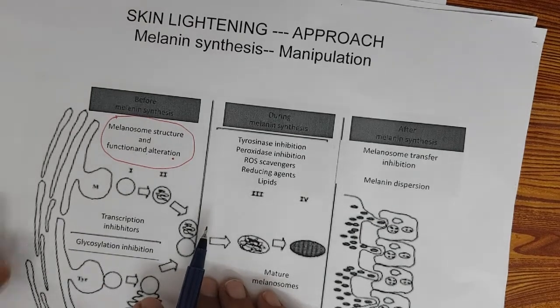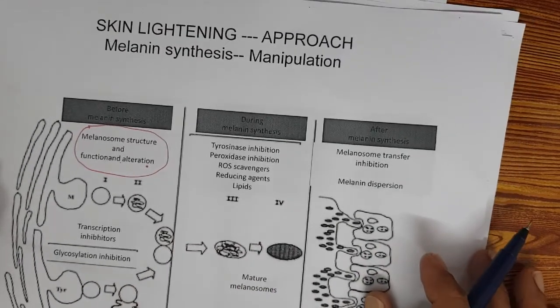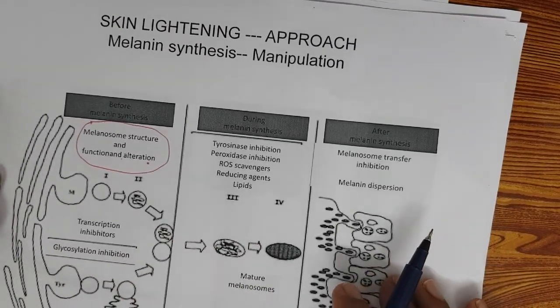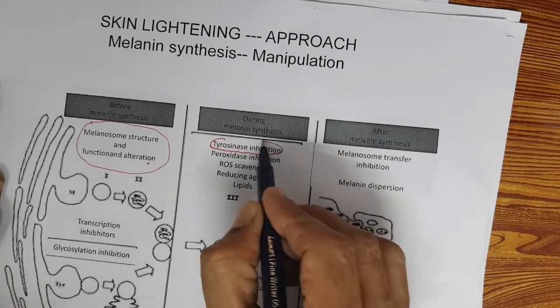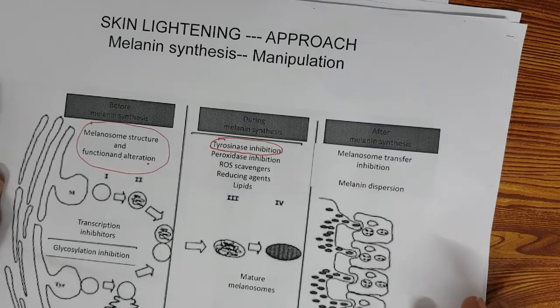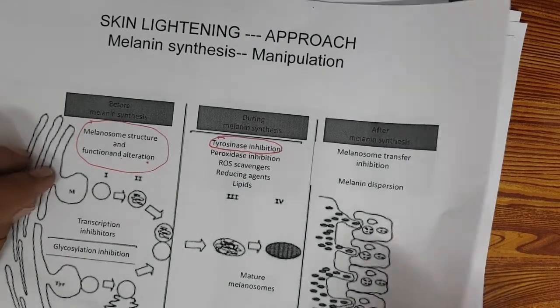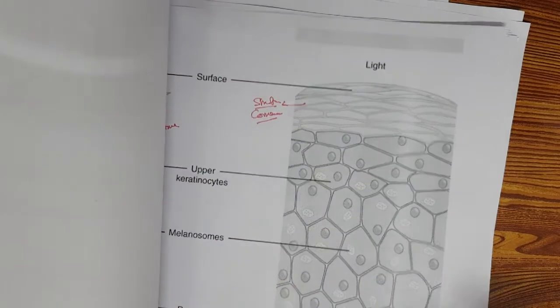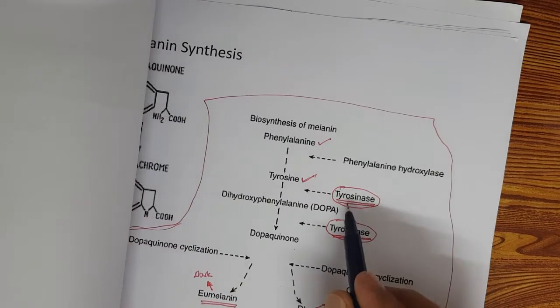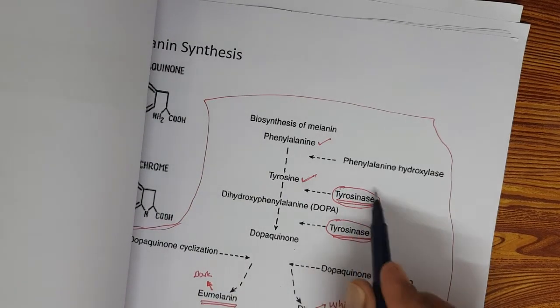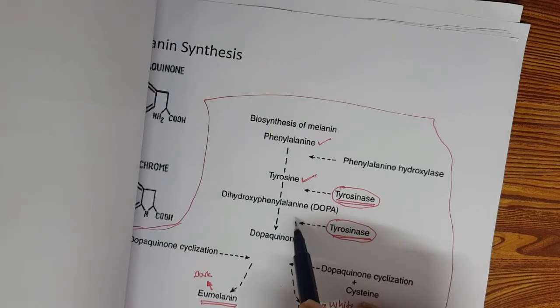The second, widely used in the pharmaceutical field and in over the counter drugs, is tyrosinase inhibition. Okay, what is this tyrosinase inhibition? We saw in the synthesis of melanin, tyrosinase is an enzyme that converts tyrosine to dopa and to dopaquinone, right?